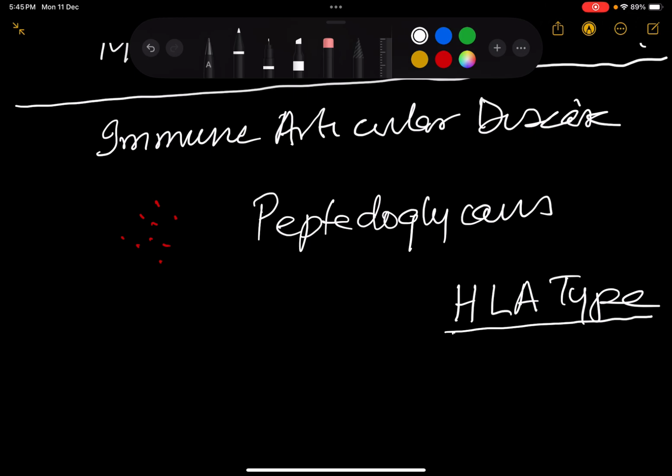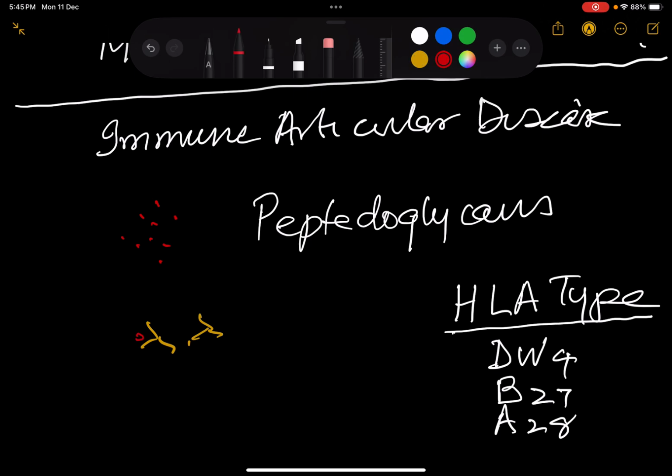So certain HLA types like DW4, like HLA B27, like A28. Now these individuals against these antigens develop antibodies. And these antibodies then combine with these antigens and form what are called immune complexes.